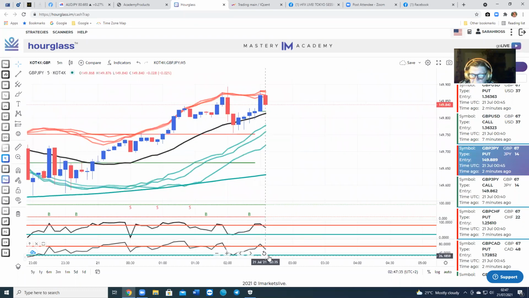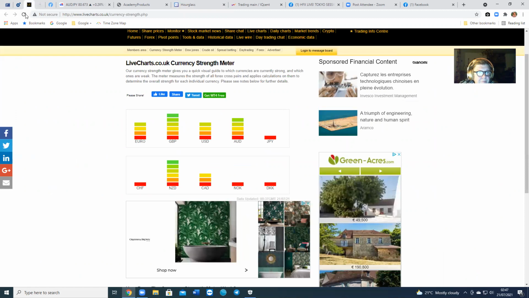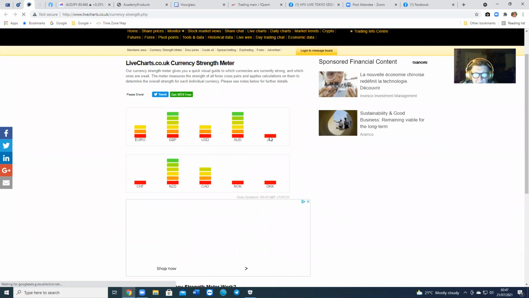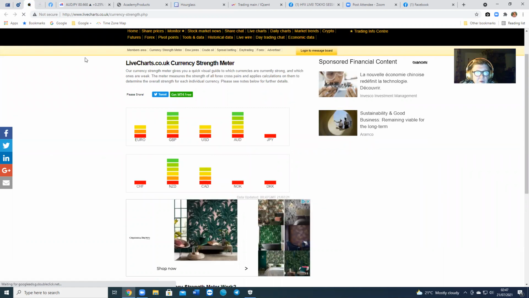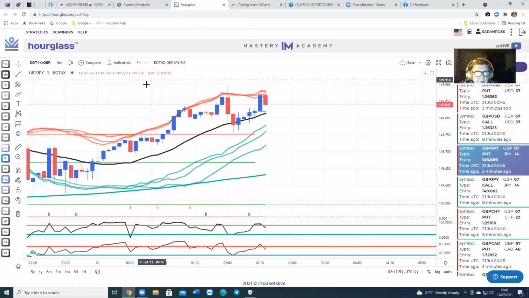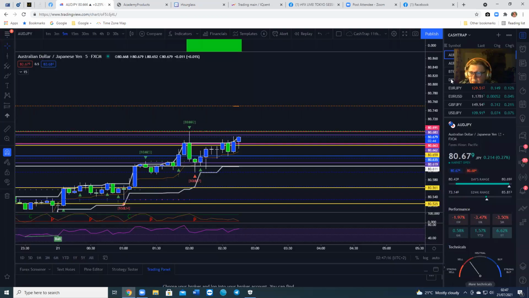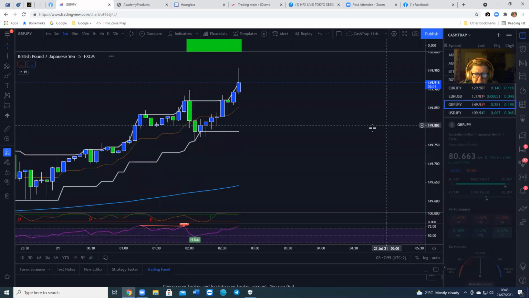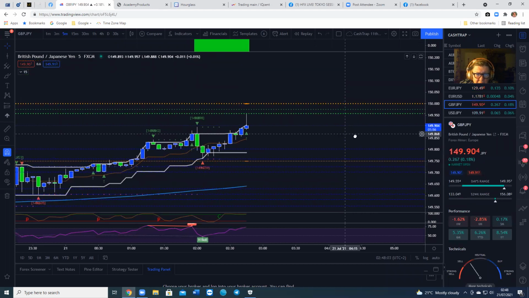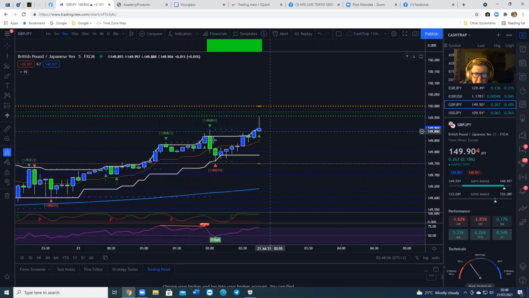coming down to our area, 67 to 14. GJ, Japanese yen is weakened against the Australian dollar. I haven't got this one marked up. You can see that trend line clearly up.